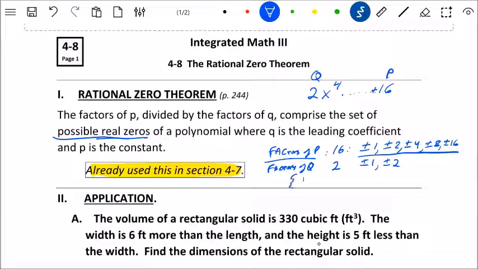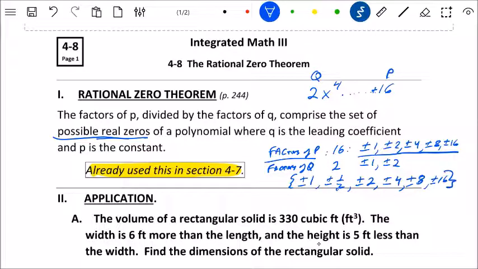So the set of possible answers are plus or minus 1, plus or minus 1/2. Probably should put the 1/2 first, because it's the smallest one. And then the 2 over 1, so it's plus or minus 2. 2 over 2 is covered. 4 over 1, plus or minus 4. 4 over 2 is 2, and the same with the negatives. And then plus or minus 8. 8 over 1, 8 over 2 is 4, plus or minus 16.